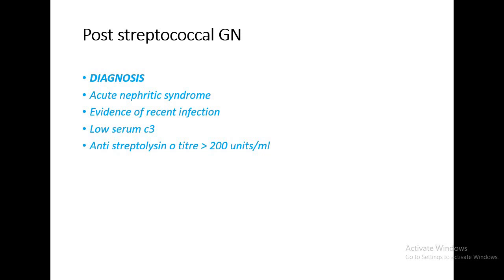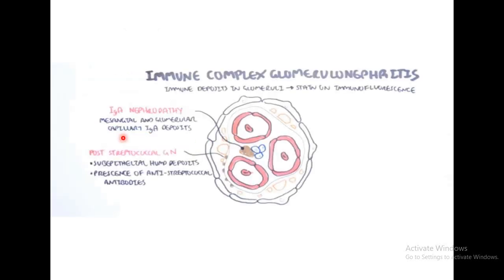So the main thing to remember in this is there will be deposits in the subepithelial region, and there will be presence of anti-streptococcal antibodies. So in immune complex glomerulonephritis, the second entity is post-streptococcal glomerulonephritis. Here there are subepithelial deposits and there is presence of anti-streptococcal antibodies in the serum. So this is about post-streptococcal glomerulonephritis.